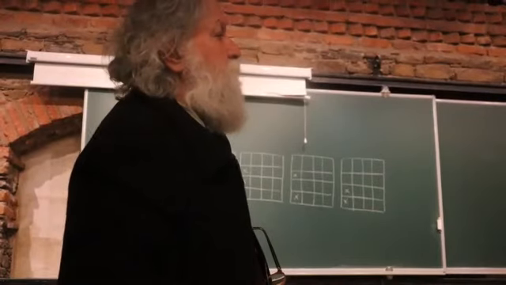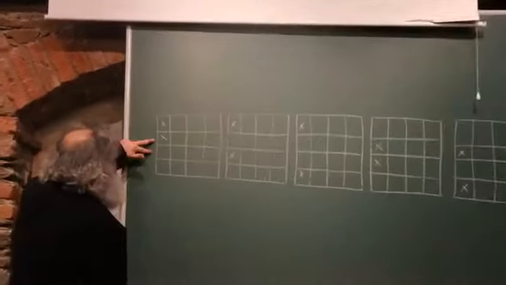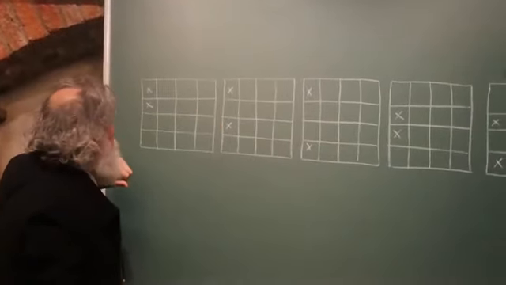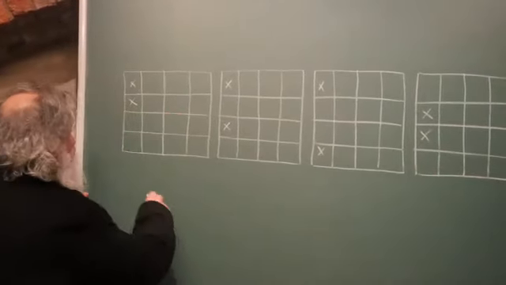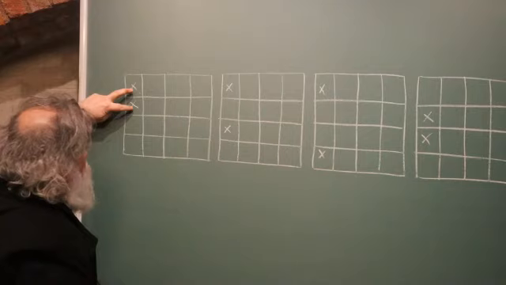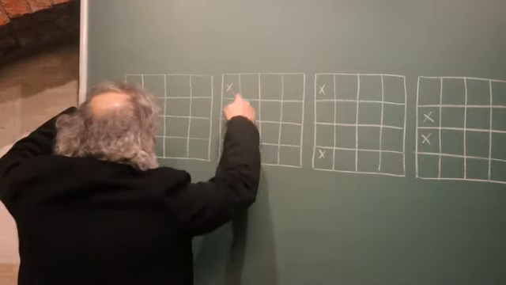Bunlar hepsi birbirine denk. What do I mean by equivalent? I mean that if you exchange these 2 rows, this figure becomes this one. Any configuration, any way of painting, starting like this in the first column, you can transform into a painting of this form with these 2 squares painted.